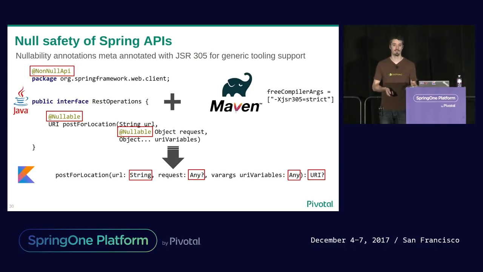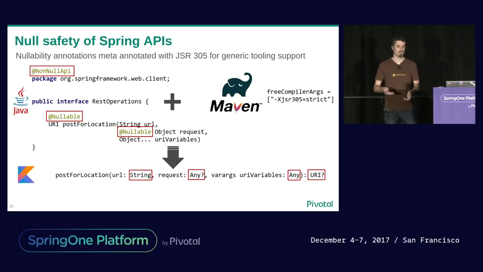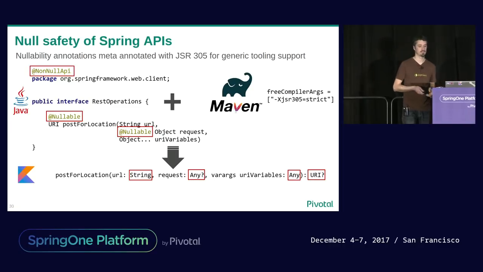So non-nullable is the default. It's similar to the default behavior in Kotlin. And when we have a specific return value or a specific parameter that could be nullable, we specify that with the @Nullable annotation. We have done this work in the whole Spring Framework API and also in Spring Data KeyValue. In Spring Boot, not yet, but that may be the case later.